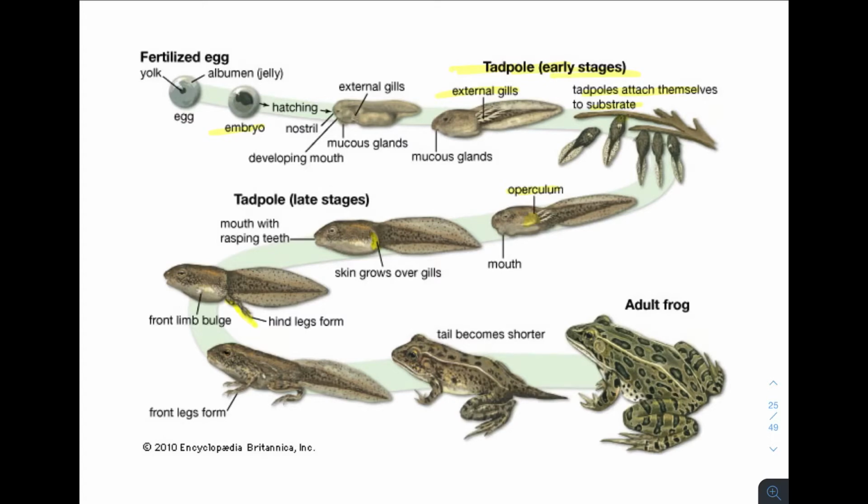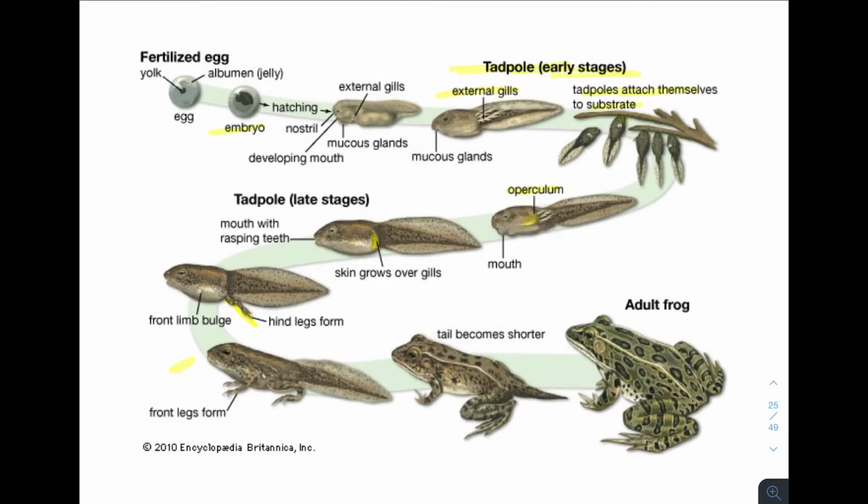around that time, internally, the tadpole will start developing lungs and will start breaching the surface of the water from time to time to take some gulps of atmospheric air and inflate those lungs.